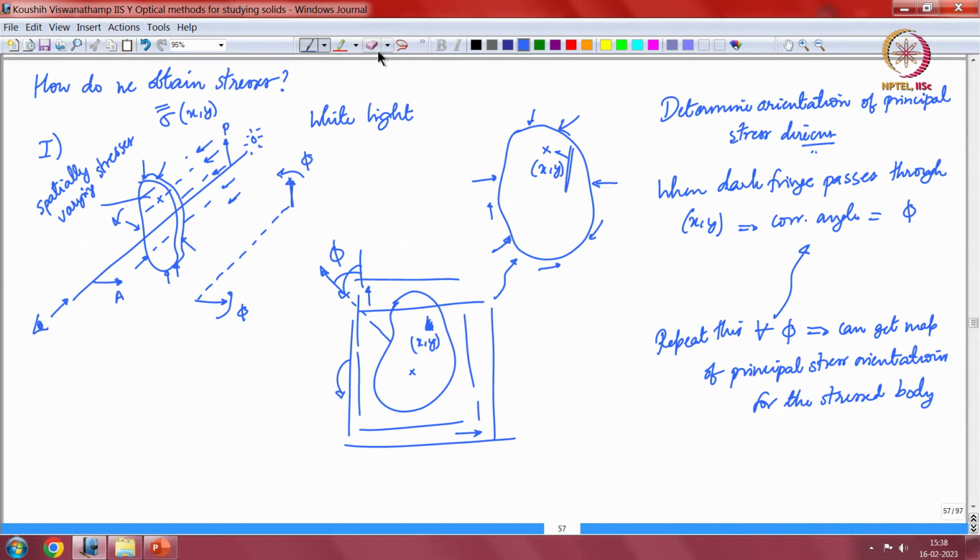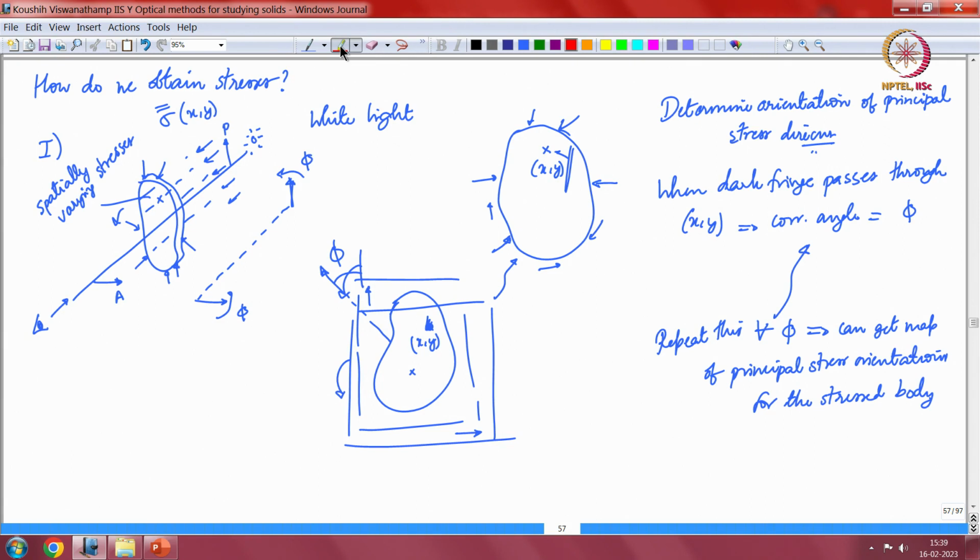So before we go there, let me just backtrack and see where we were. We had this summary of how to obtain the stresses. If you take a look at this, we had 4 steps that we had outlined. You have an object, of course, you start with something that is loaded.